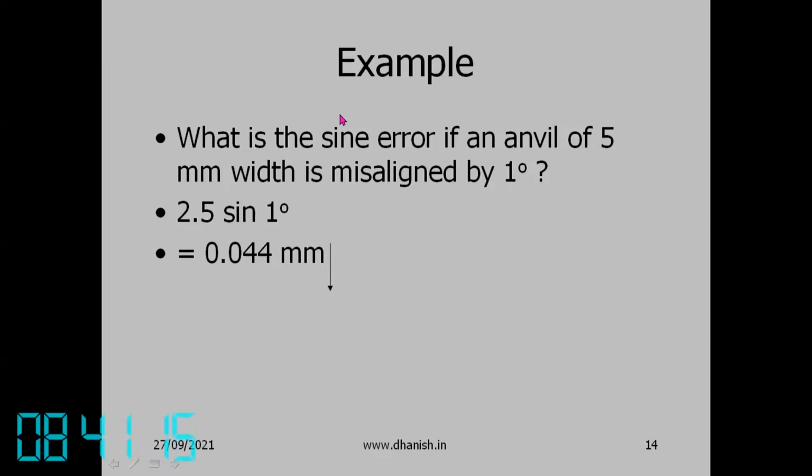But how much is the sine error for an anvil size of 5 mm? 0.044 mm. That is 44 microns. So this is much bigger than both thermal error and cosine error. So this is more important. You have to take special care to avoid sine error.